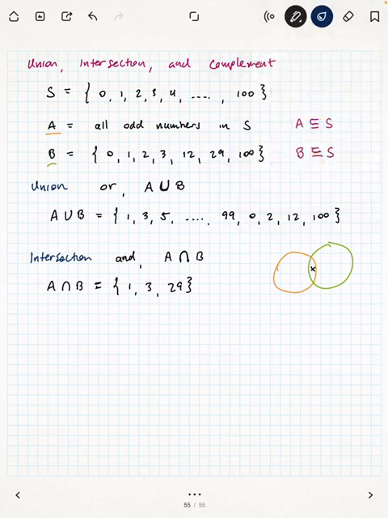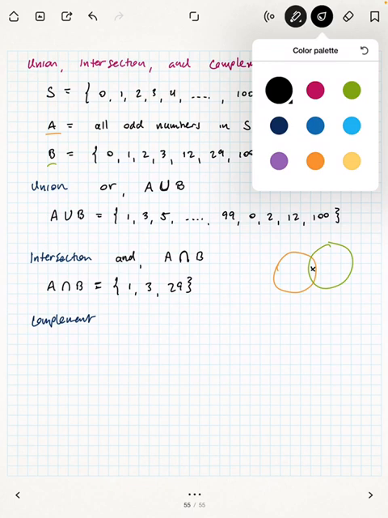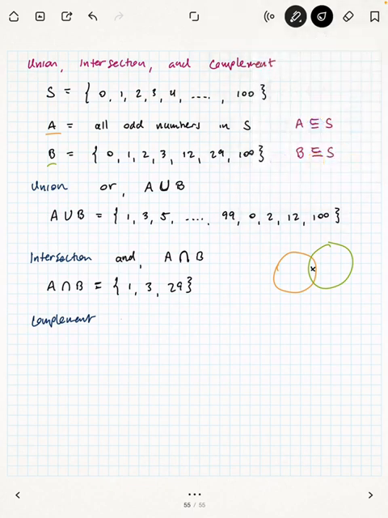Lastly, complement. So that's not an interaction between both, or that's not an operation between A and B. It's an operation on one of these in relation to the larger set it's in. So basically we mean everything except for, and the key word is not.